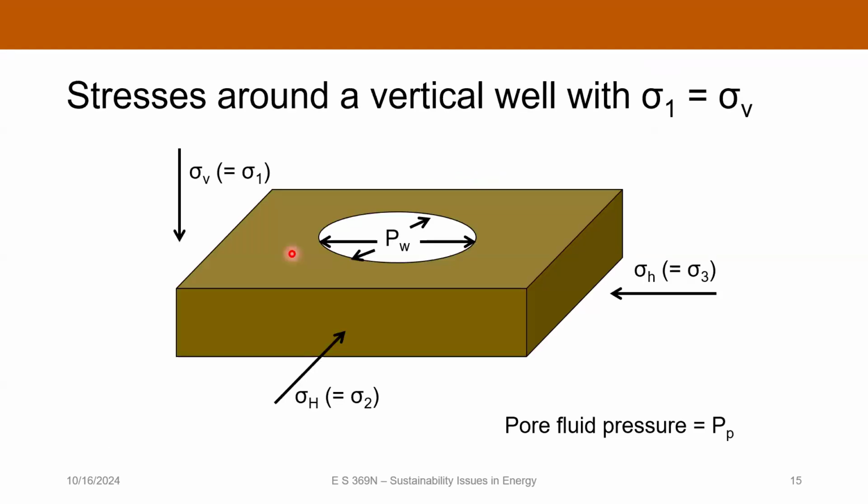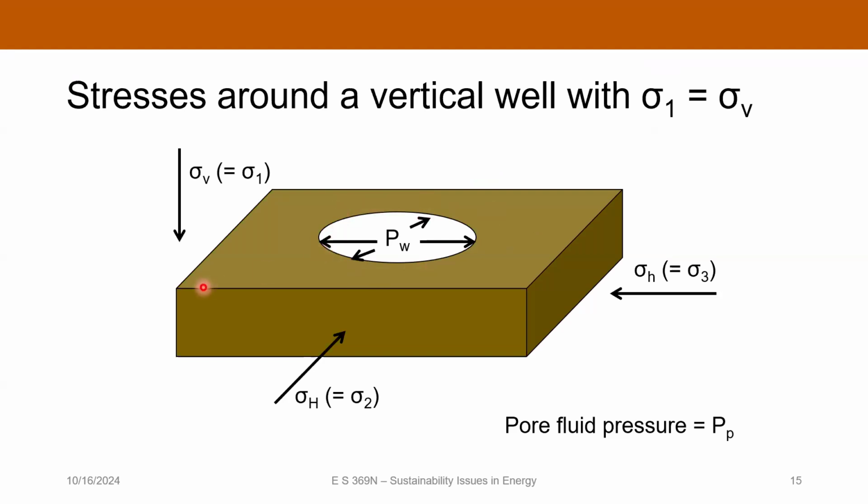Okay, so if we think about the stresses around the wellbore, we can figure out when we're going to have failure and when we're not. Very simply put, your wellbore is a cylindrical cavity in the rock.